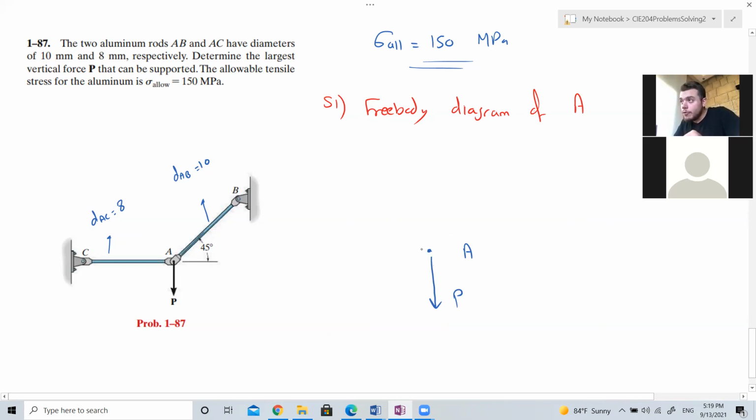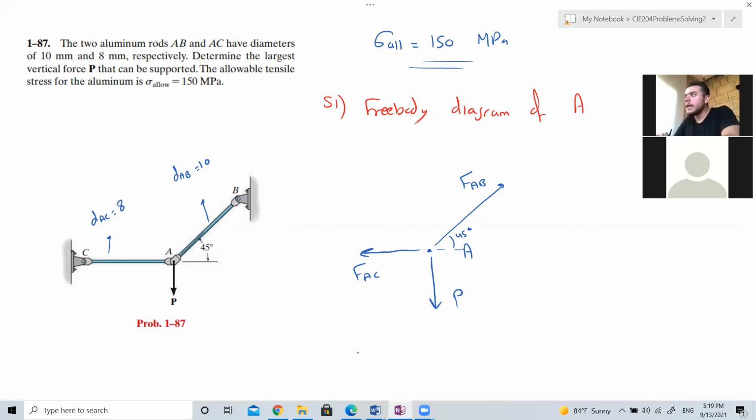You have the force FAC, which is horizontal, and the force FAB, which is acting at 45 degrees with the horizontal. Correct? Yes. Now we need to find the unknown force P, given that we have the allowable stress.